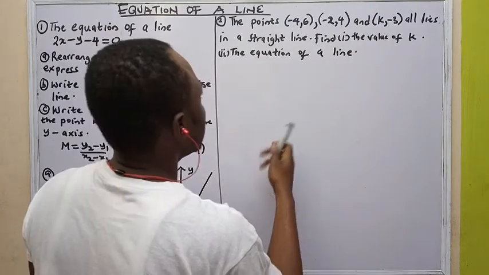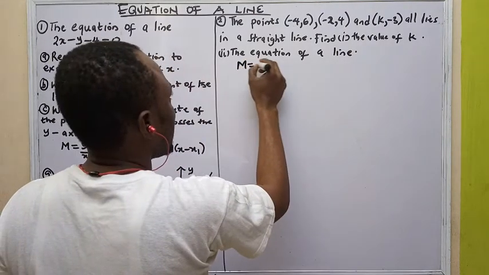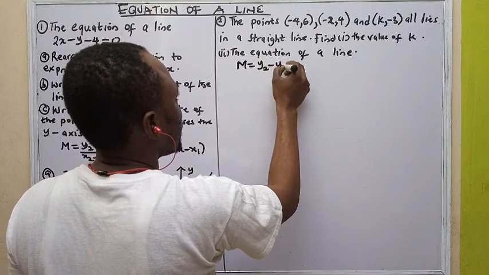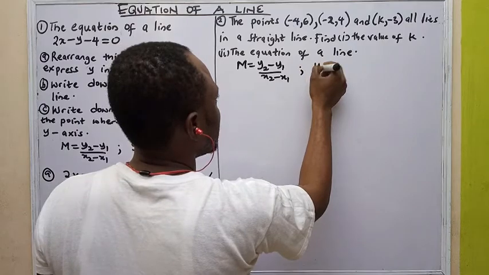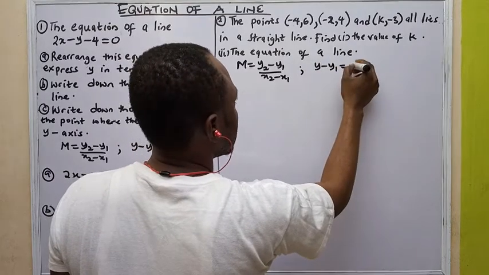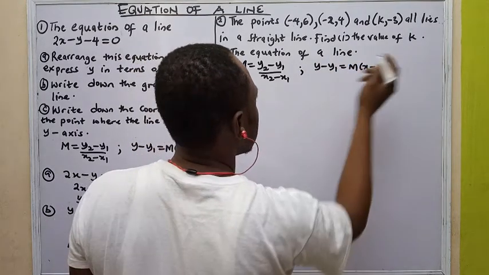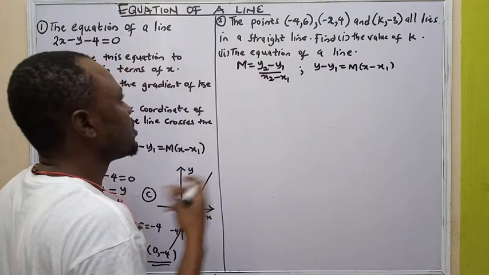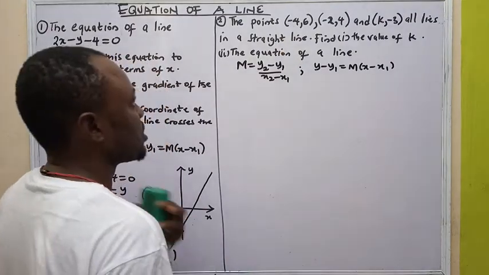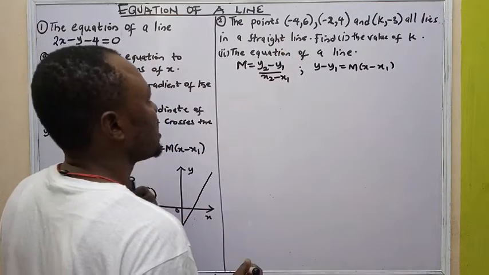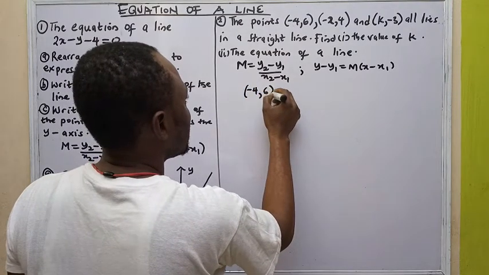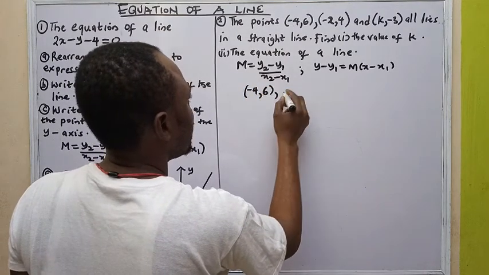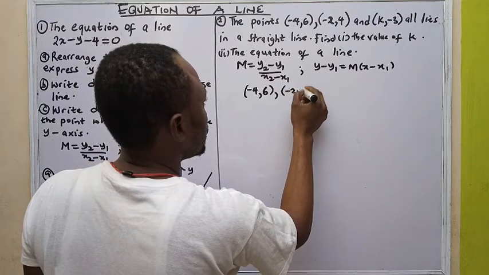So I said this formula is very important. m equals y2 minus y1 over x2 minus x1, and then the other one is y minus y1 equals m bracket x minus x1. Now in this case, we're going to use the first 2 points to get the gradient of the line. So the first 2 points, I have (-4, 6) and (-2, 4).